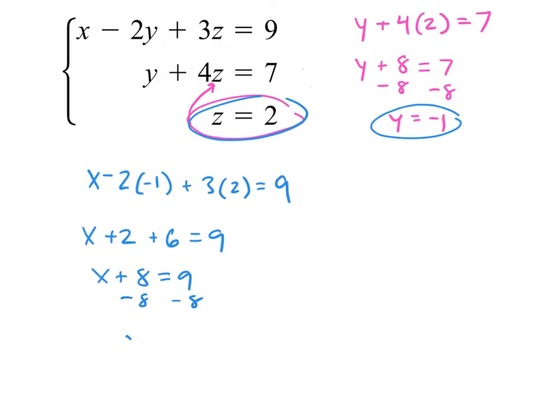So what do we get for x? 1. So we have our x, y, and z. We've got to write it as a coordinate pair. So how would we write this? 1, negative 1, and then 2. So it just goes x, y, z.